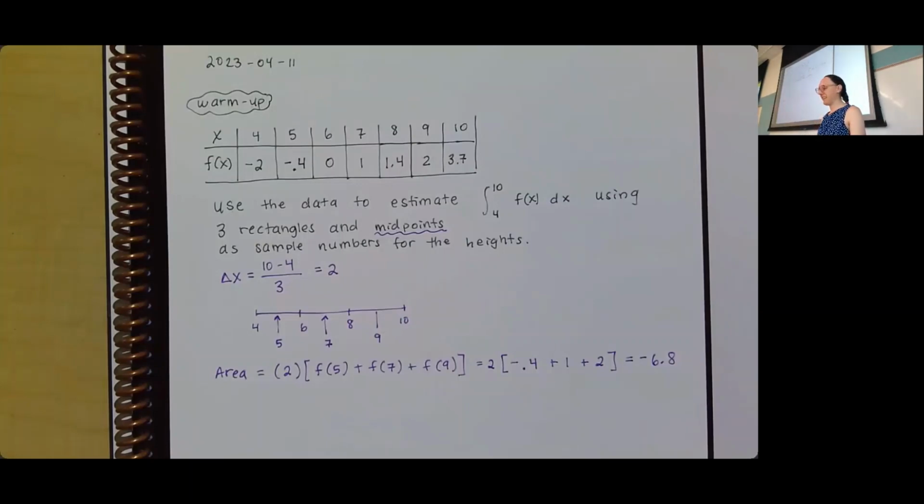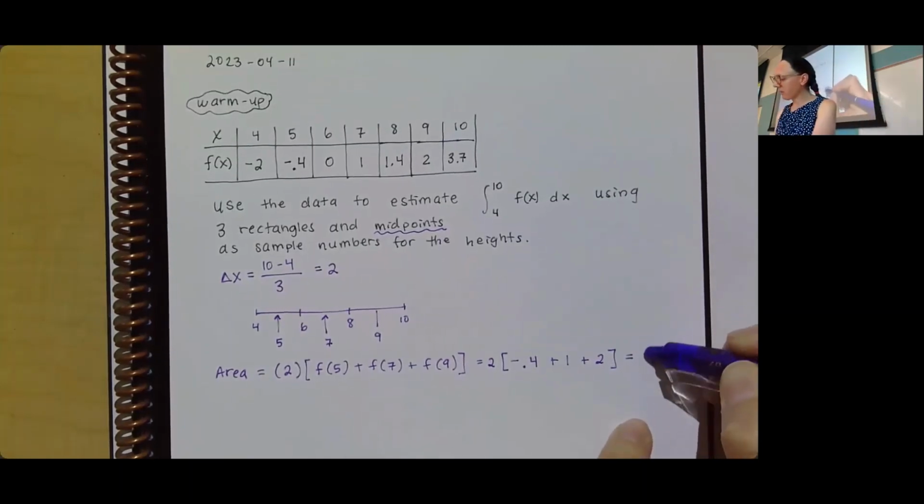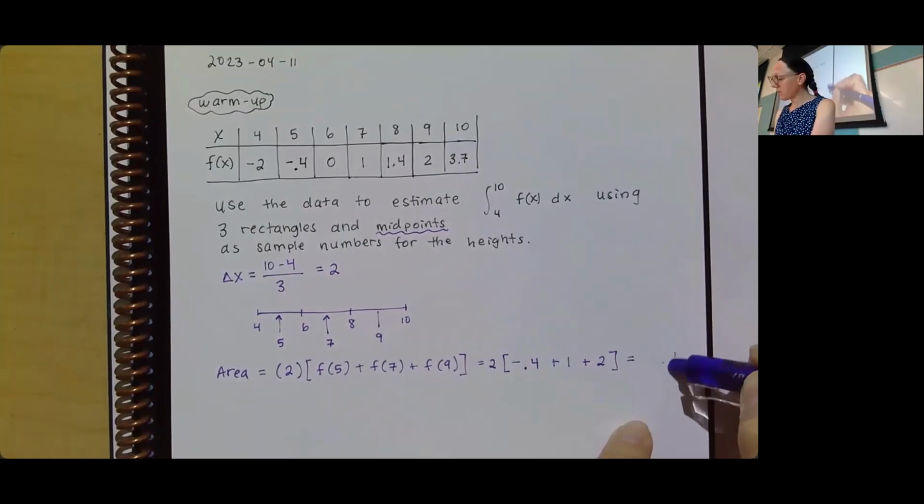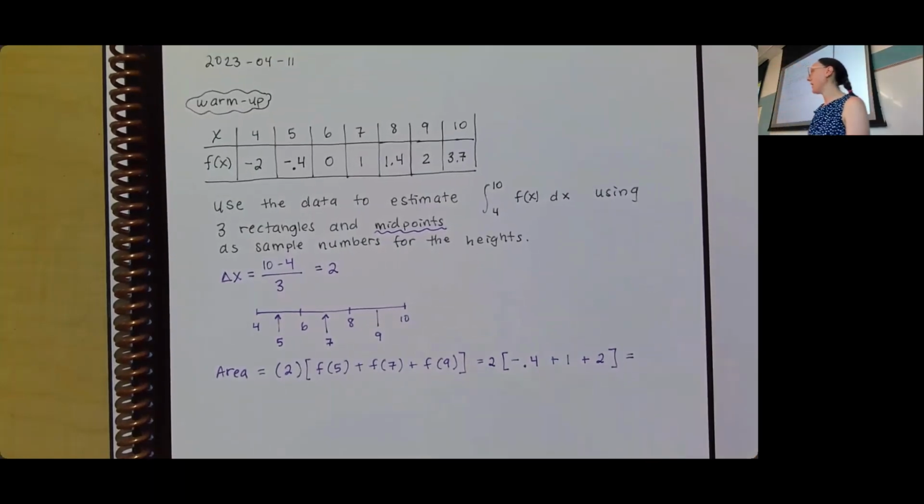Yeah. Yep. Was that your question also? Yeah. Oh, or I added it wrong. Oh, yeah. See, I was kind of waiting for someone to call me out on that. So negative 6.8 is not what you got?